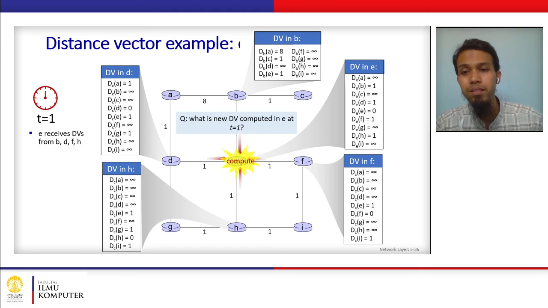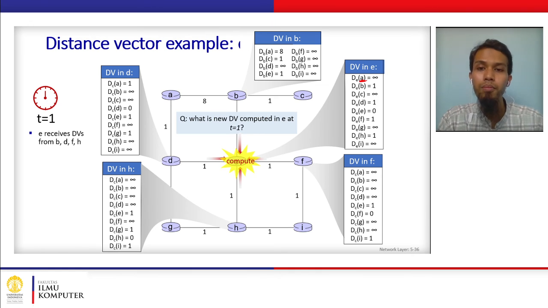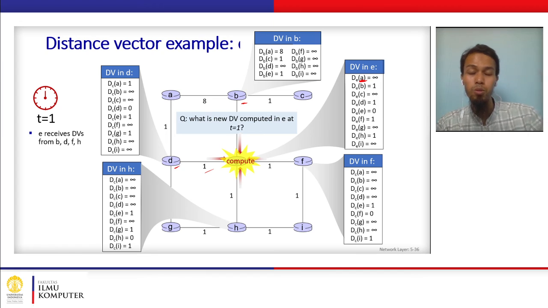So it has now new information about the cost path from itself to A. There are two options to go from E to A, through D or through B. If we go through B, the cost will be 1 plus 8, 9. If we go through D, the cost will be 1 plus 1, it's 2. So the new cost path from E to A will be 2, and we go through D.